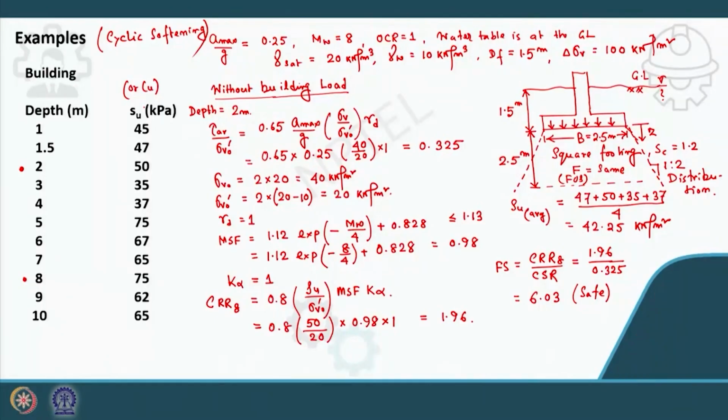Clear? That is the criteria we have considered here. So this is basically the liquefaction susceptibility criteria for coarse grain and fine grain, all of which I have discussed, and the cyclic calculation to check liquefaction and cyclic softening I have already discussed.